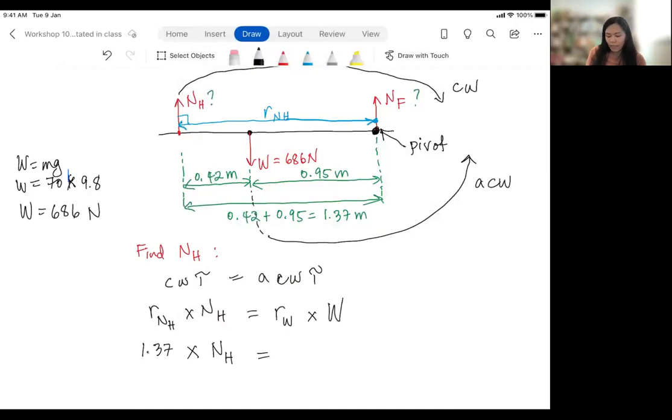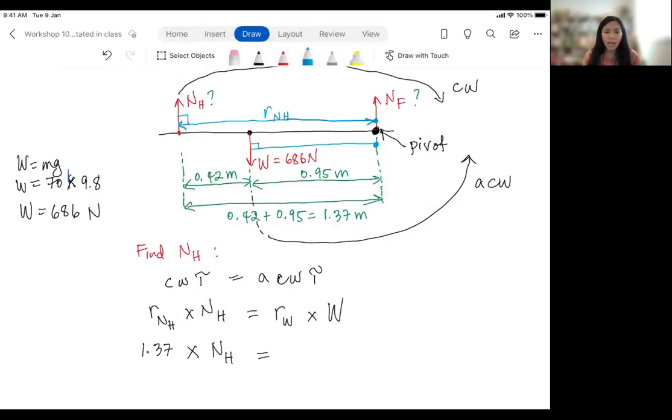All right, and then for the anti-clockwise torque that's provided by the weight force, you need to sort out the moment arm between the weight force and NF. So if you draw a line from your weight force to NF, you can always relocate your pivot point along a vertical line.